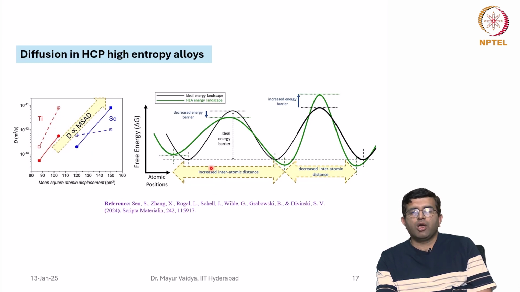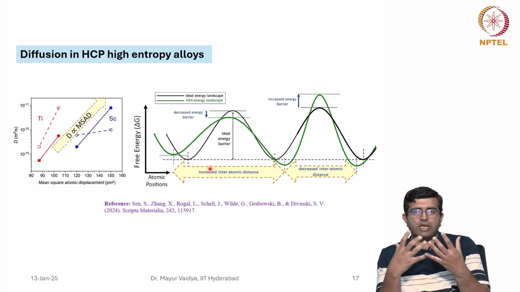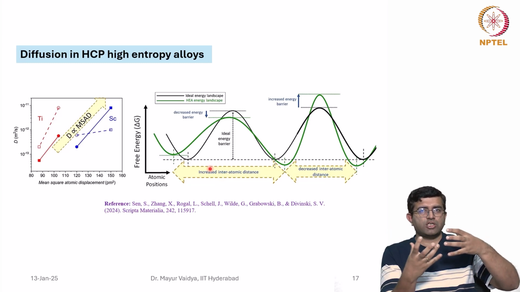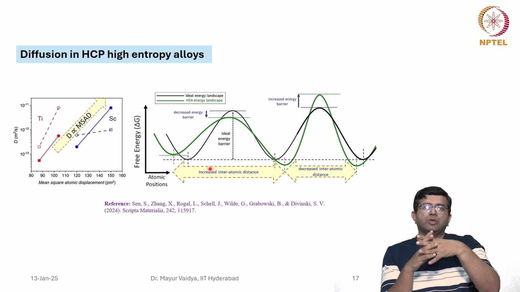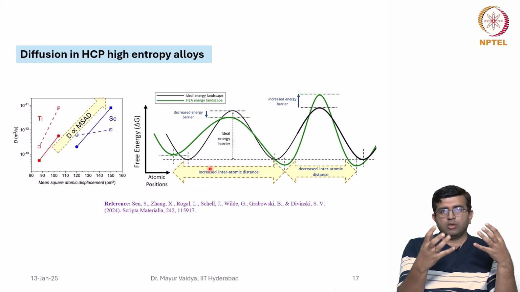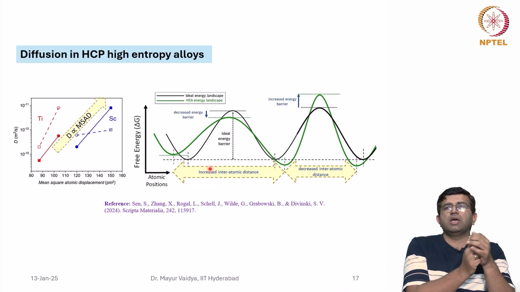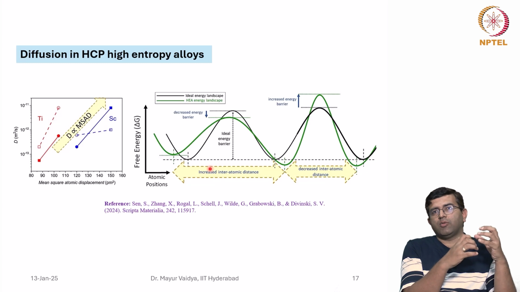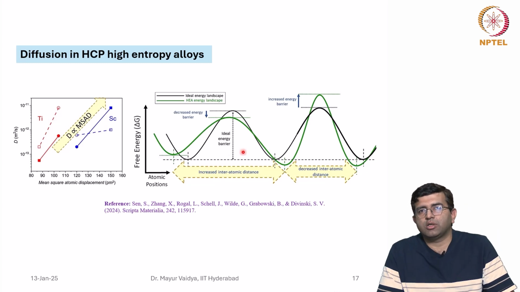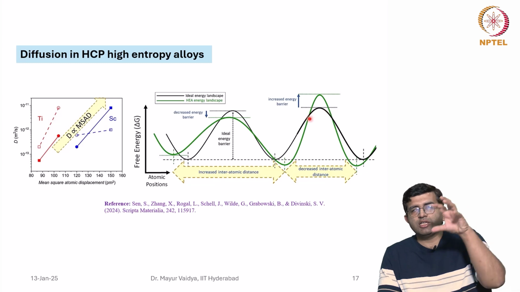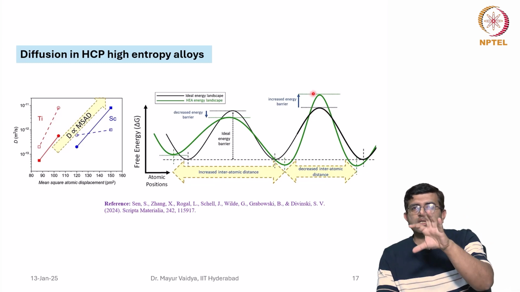And also what people are now trying to say is that although the notion of sluggish diffusion was that the atoms face different local environments and hence the diffusion becomes difficult, this picture tells you that the energy barriers for diffusion for certain sites can increase.